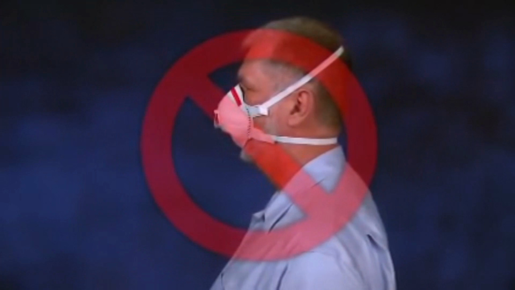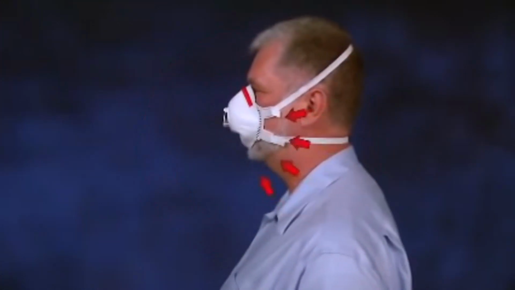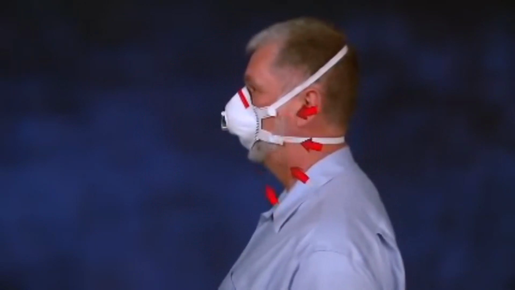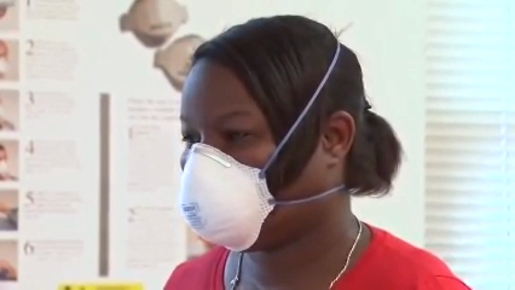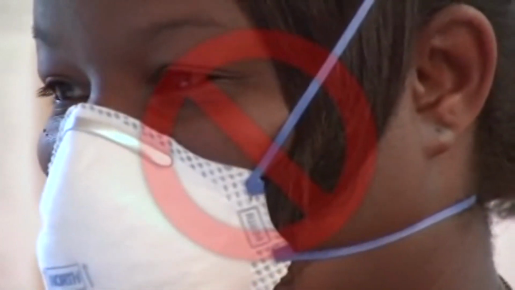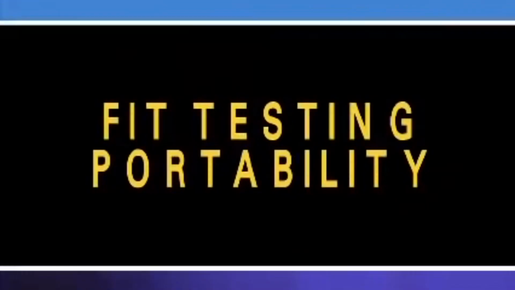Anything that comes between your face and the respirator's seal or gets into the respirator's valves can allow contaminated air to leak into the respirator facepiece, and you will not be protected. For example, if you have long hair, make sure it doesn't get between the respirator seal and your face, because this can allow contaminated air to leak into the respirator.